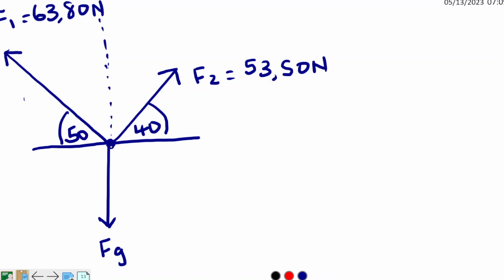Now, if you look at this system, you have 3 vectors. You have F1, you have F2, and you have Fg. So step 1, I'm going to extend Fg, which is the weight. I'm going to extend it upwards like this, straight with the normal.